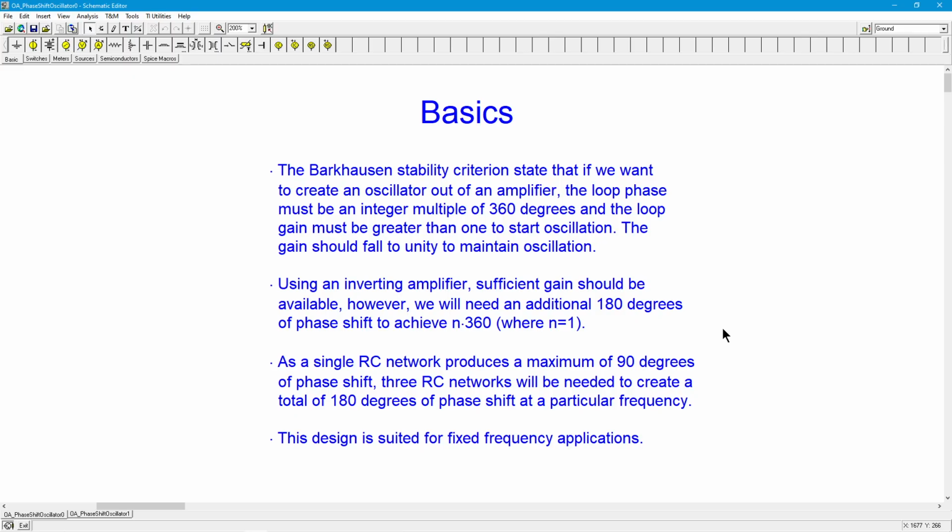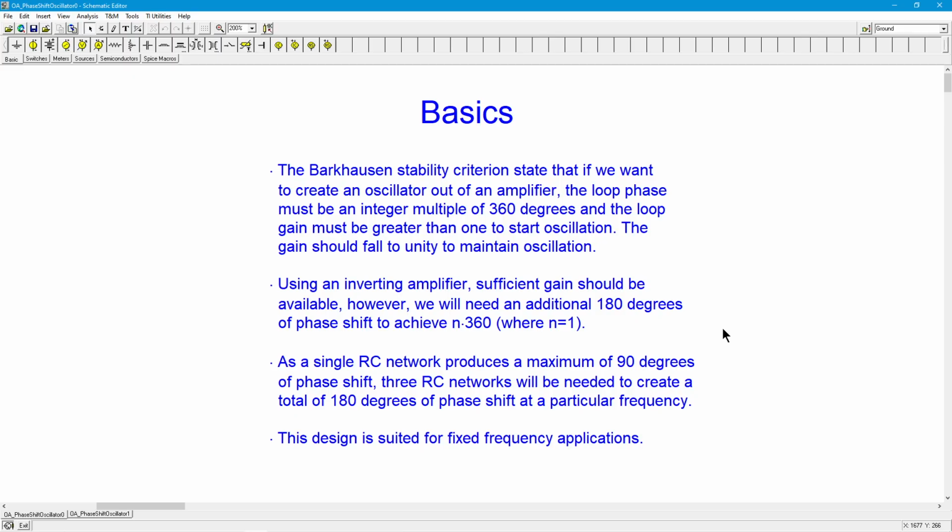Now you think about that for a sec. We're going to avoid using inductors because inductors don't really behave all that well in the real world. So we're going to stick with caps. So a single resistor capacitor network can produce a phase shift maximum of 90 degrees. So practically speaking, we would need 3, not 2, but 3 RC networks to get the 180 that we need, right?